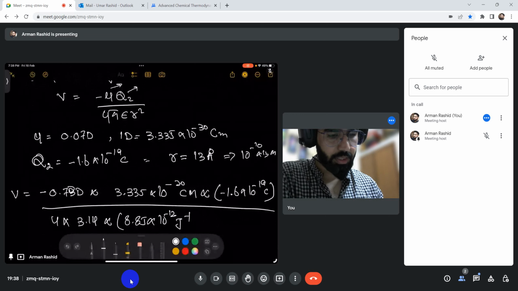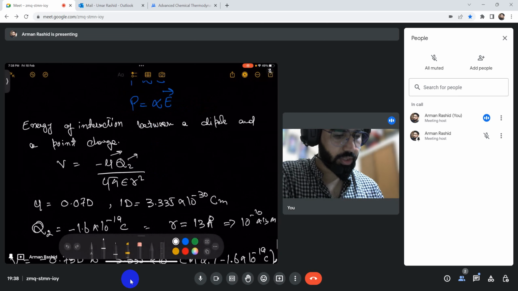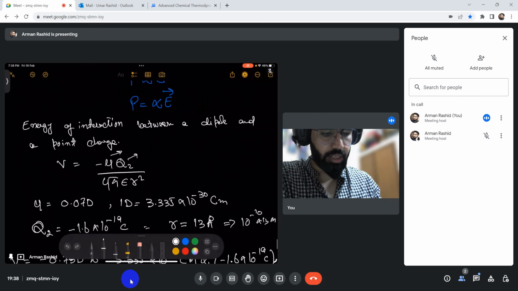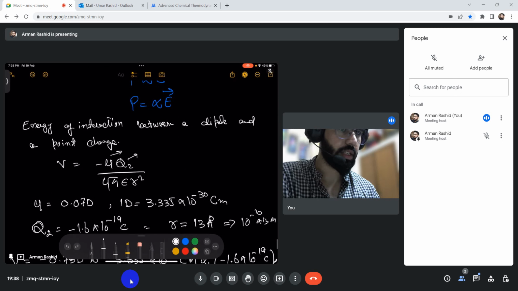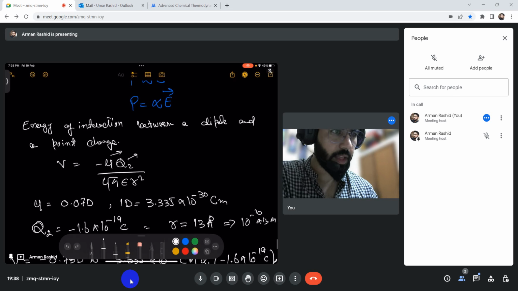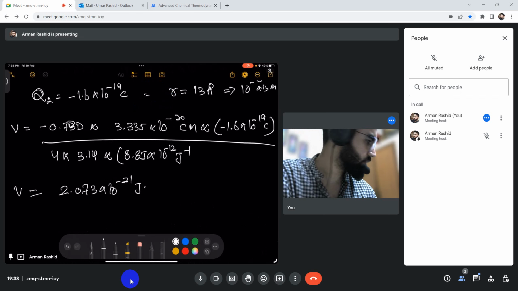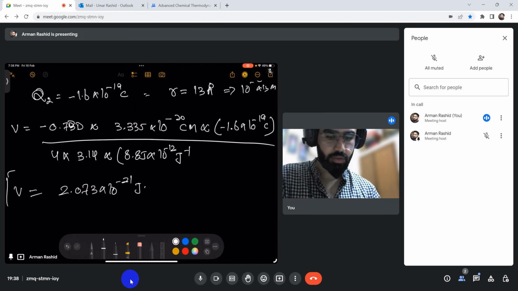Mu is given, q is given, and r square is given, so we can determine V. If we use this equation, we can determine V to be 2.037 into 10 to the power minus 21 joules.